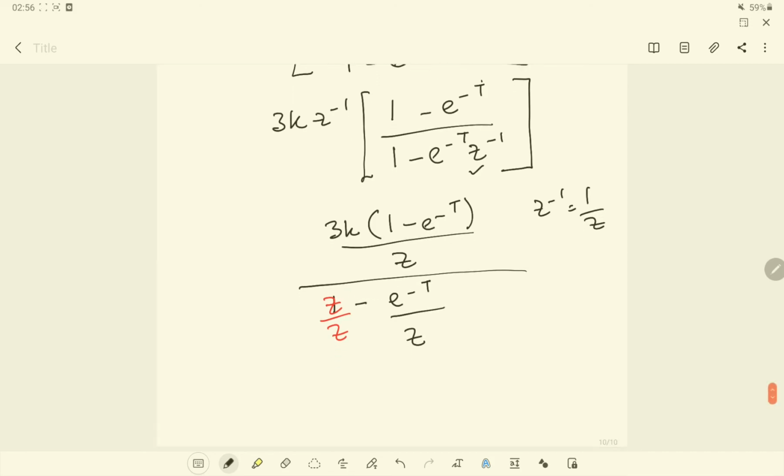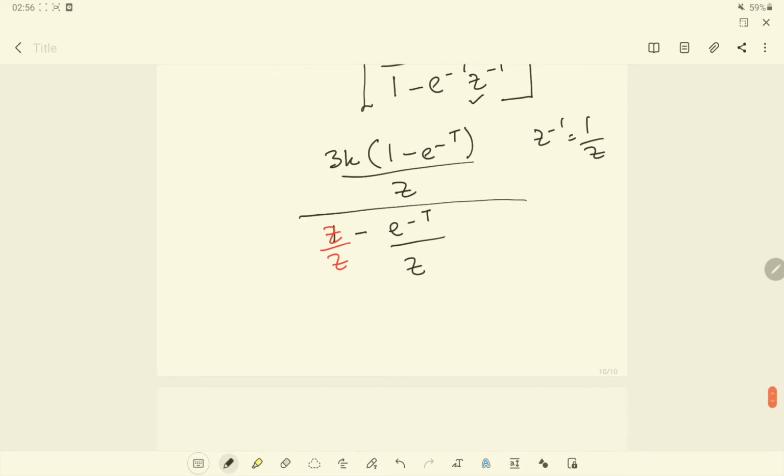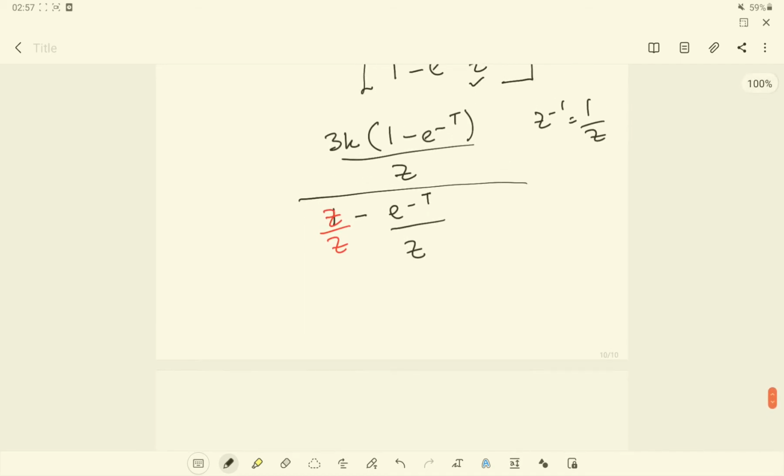So you will get 3k (1 minus exponent minus t) over Z, times Z over Z minus exponent negative t.